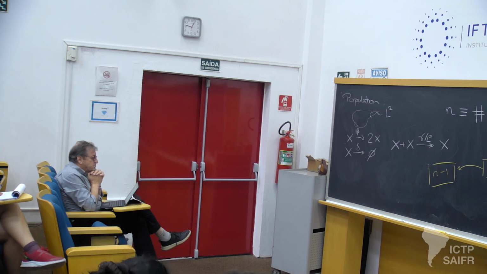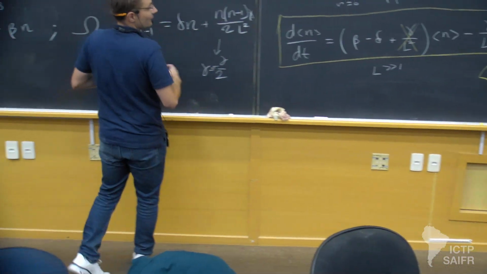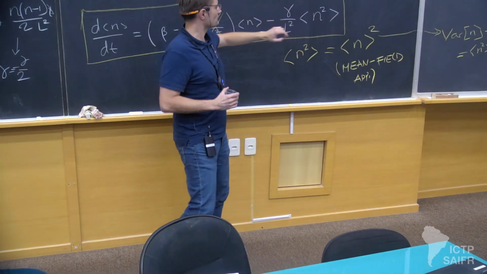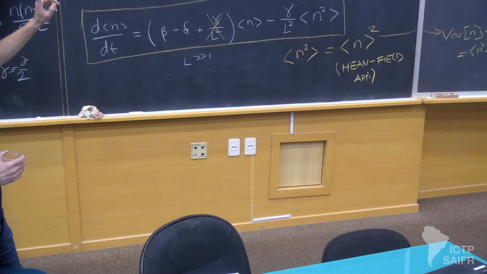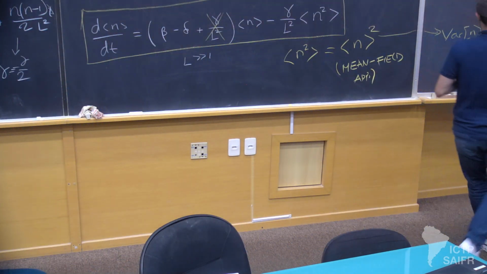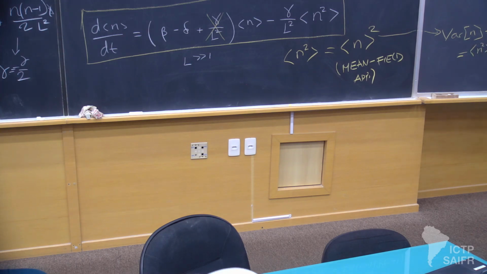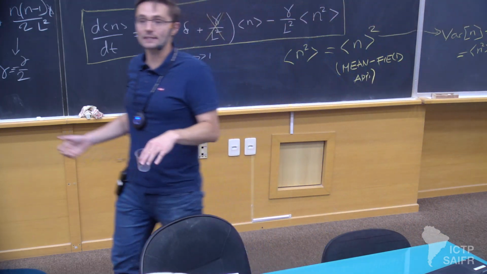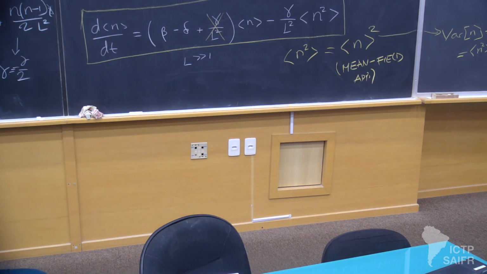So I am replacing something by a number that is smaller, and therefore this number is bigger than what I am having, which means that when I plug it here, my approximation always tends to overestimate the population size. That's why the black, which is my approximation, is above the real one.